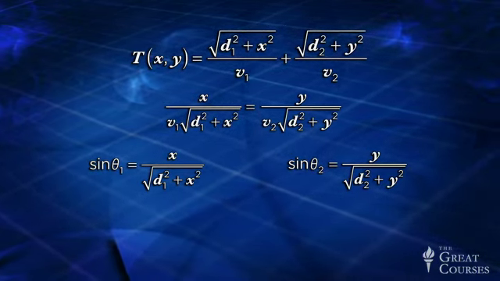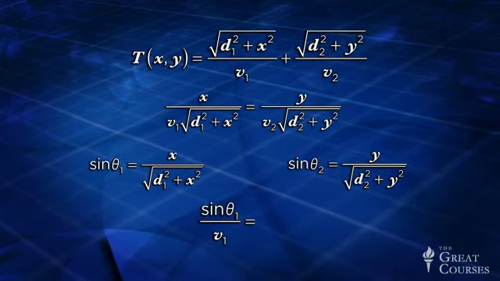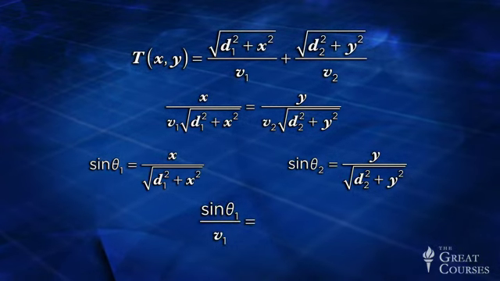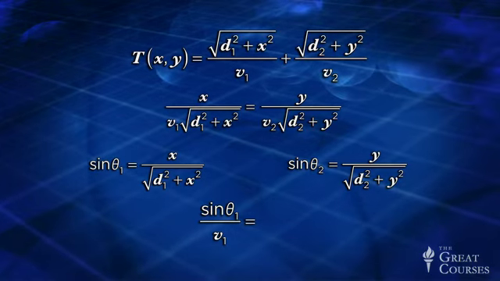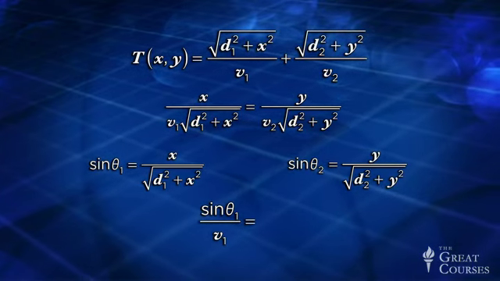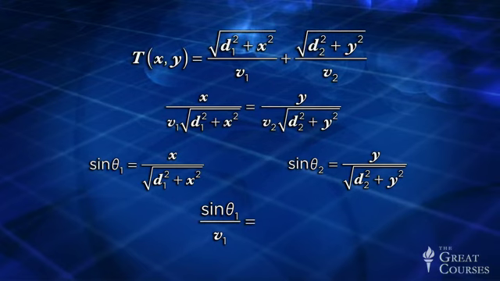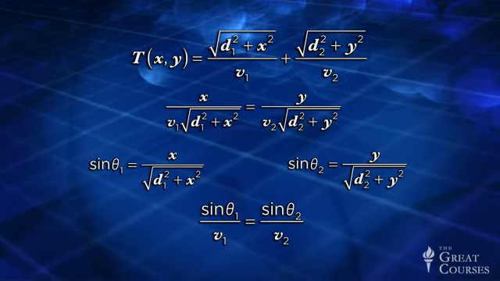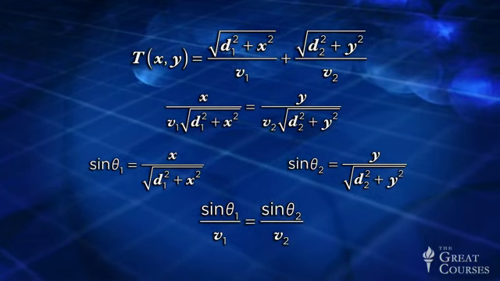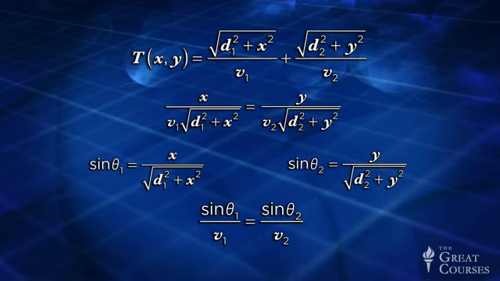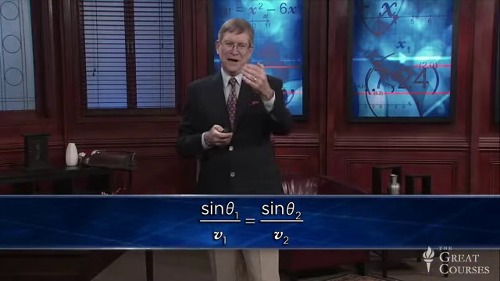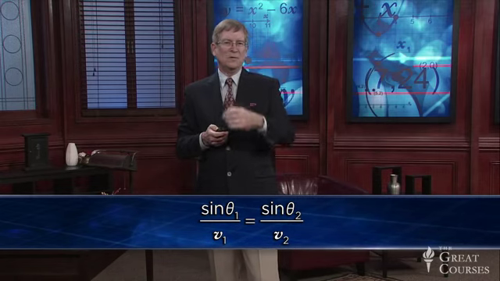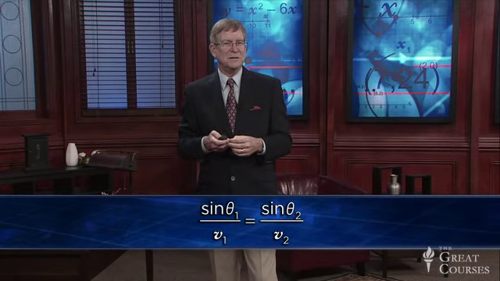So the left-hand side simplifies to sine theta 1 divided by v1, and the right-hand side simplifies to sine theta 2 over v2. Voila! There is Snell's law: sine theta 1 over v1 equals sine theta 2 over v2.